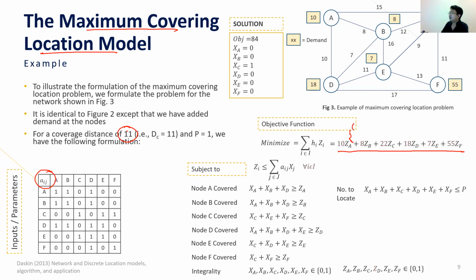This one is 0 or 1, right? And then we repeat the same formulation until XF. So 10ZA plus 8ZB plus 22ZC here plus 18ZD plus 7ZE and plus 55ZF. Okay, this is the decomposition of this formula.